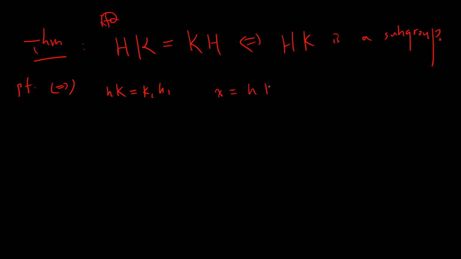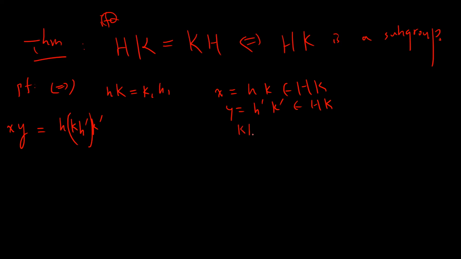Suppose x equals hk is in HK, and y is another one, h'k'. We need to show that their product xy, which is hkh'k', is in HK.